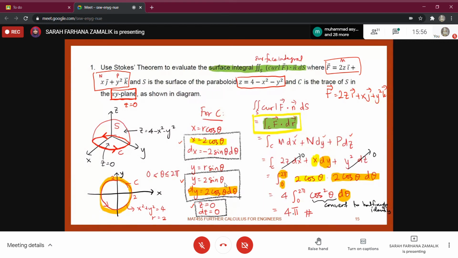Once converted, then you can integrate. So integrate with respect to theta from 0 to 2 pi. The answer you should get here is 4 pi. So that's how you solve Stokes Theorem. The question asks for the surface integral, so you must show the line integral.